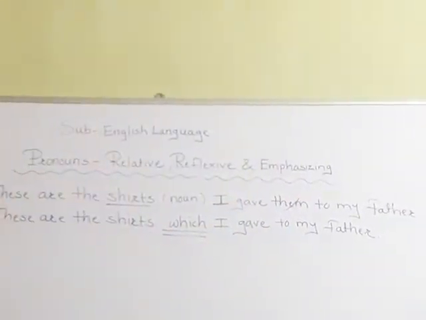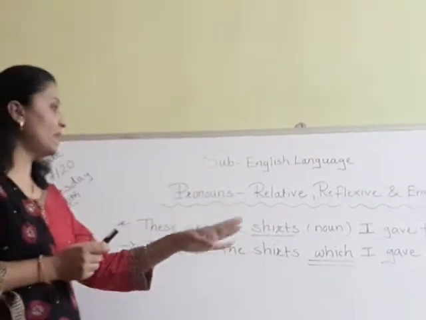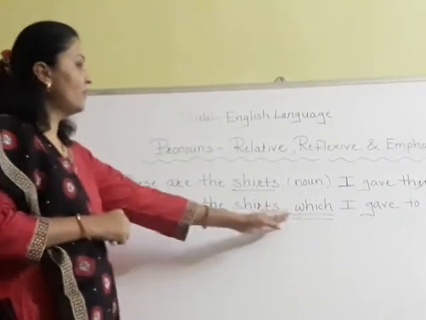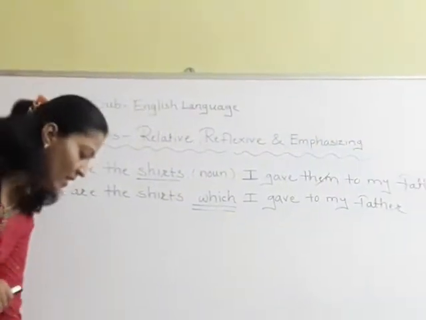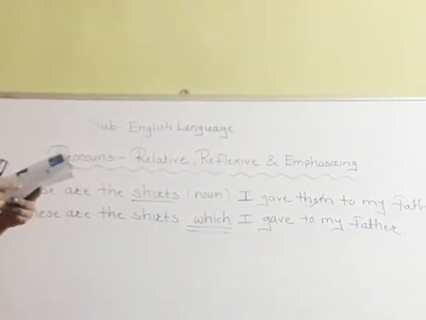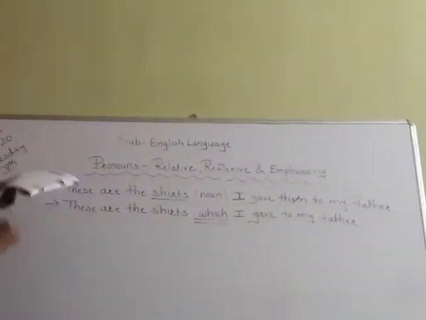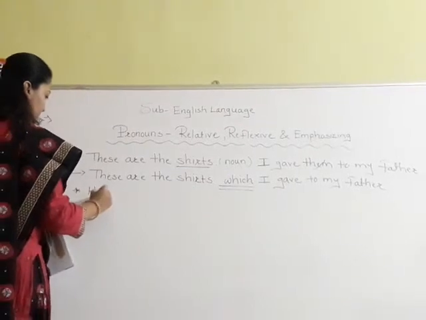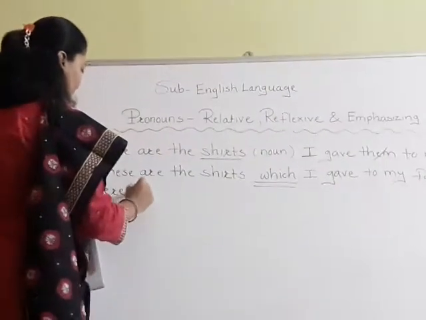Okay? We have to omit them or remove them from this sentence and we can write like this: these are the shirts which I gave to my father. Like this. Now students, another example is given here. Here, the sentence is, here is the recipe book.